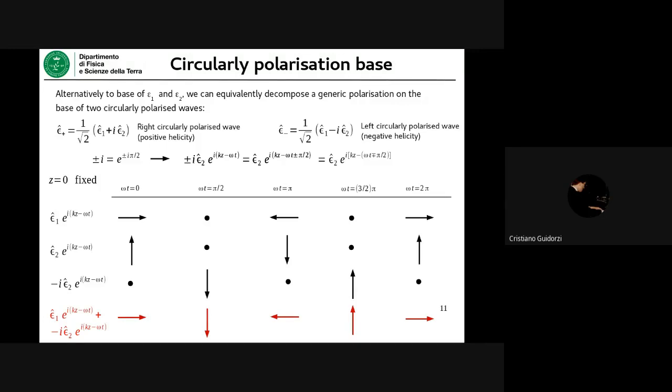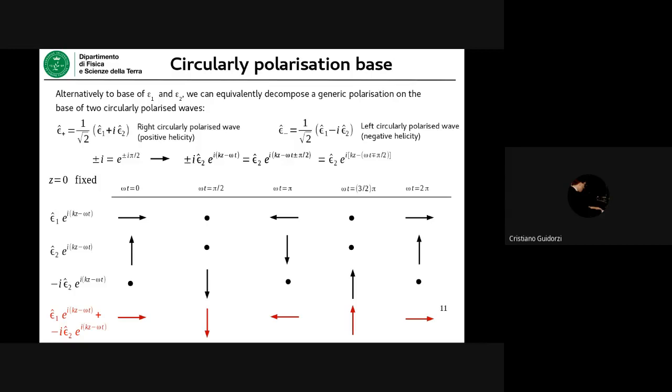And of course, if instead I had chosen epsilon plus, you would have had a counterclockwise rotating electric field. A counterclockwise rotating electric field you can have only if you use your right hand.